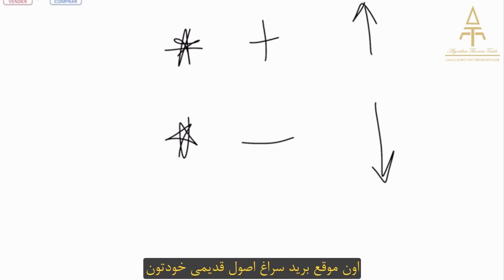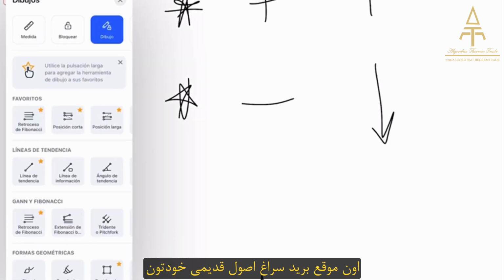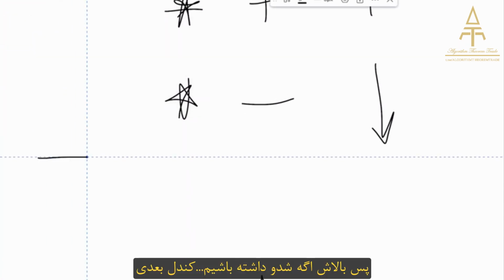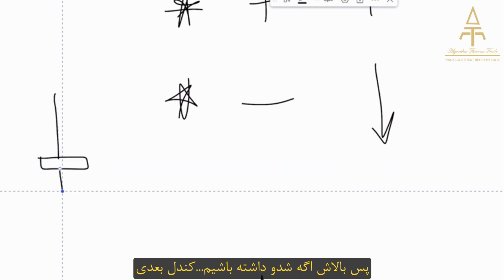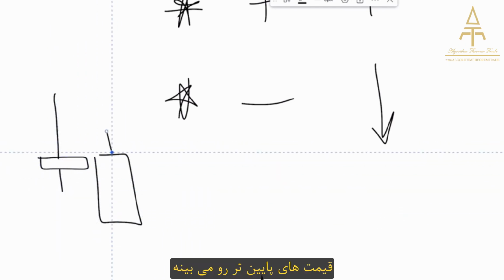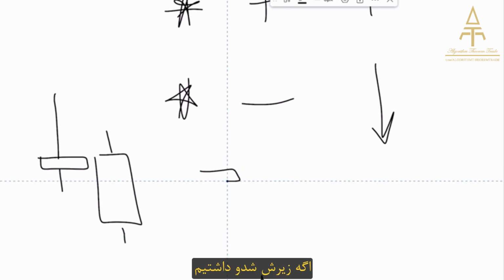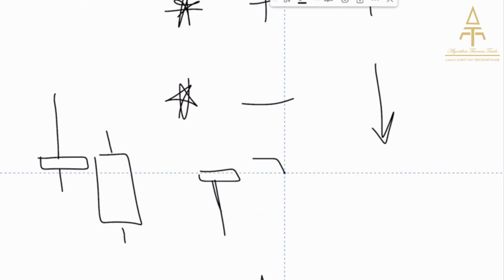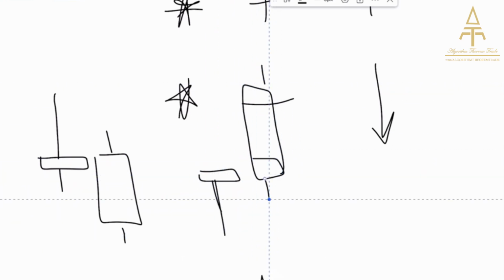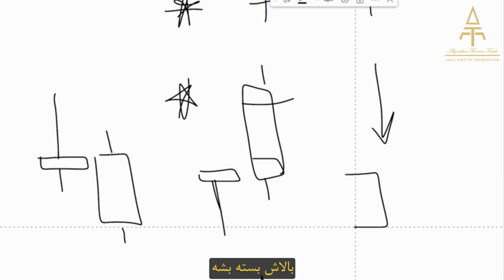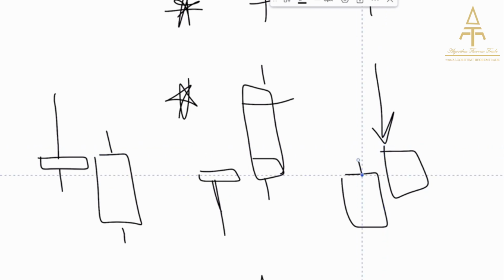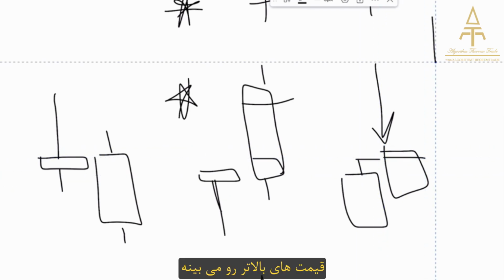The good old if-then principle, right? So wick above, next candle, lower prices. Wick below, higher prices. Close above, higher prices.